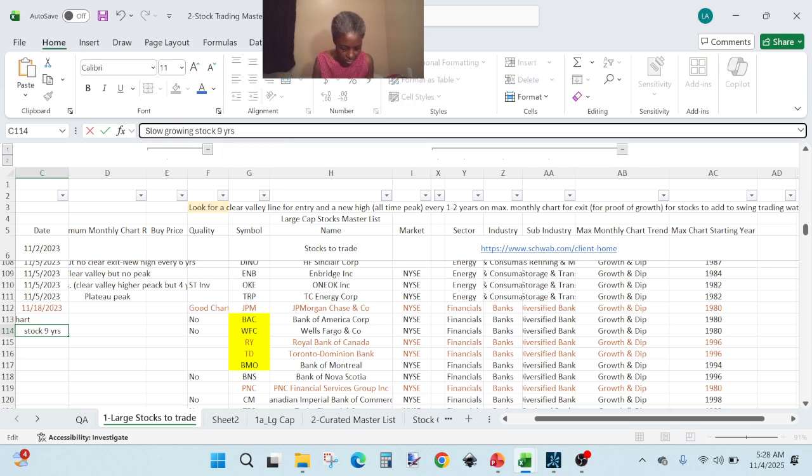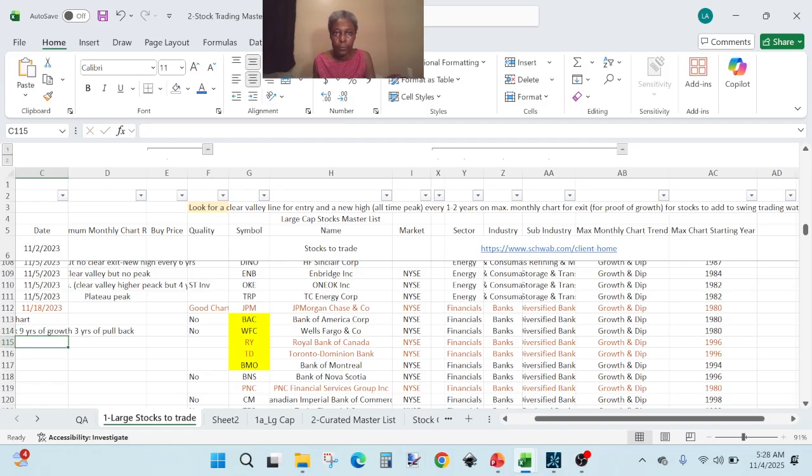Nine years of growth, 3 years of pullback. And when I'm writing those, I'm okay making mistakes in my notes, because I just like to write something on it.